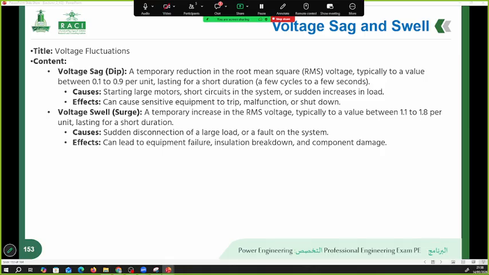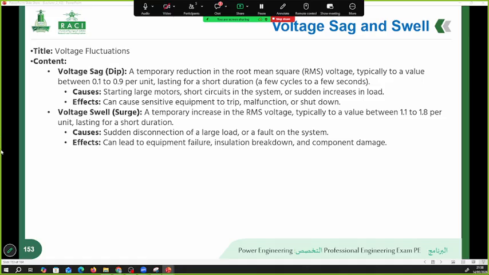So a voltage sag is a temporary reduction in the root mean square voltage. The voltage typically drops to a value between 0.1 and 0.9 per unit, 10% to 90% of nominal voltage, and lasts for a short duration, usually from a half cycle to a few seconds.